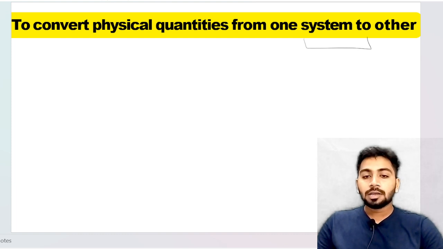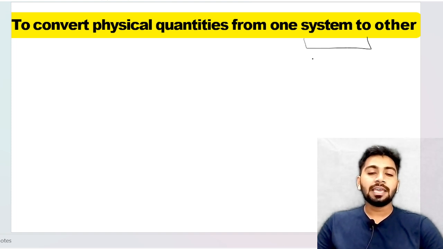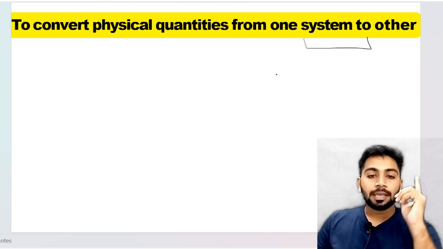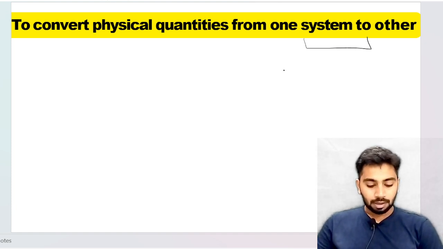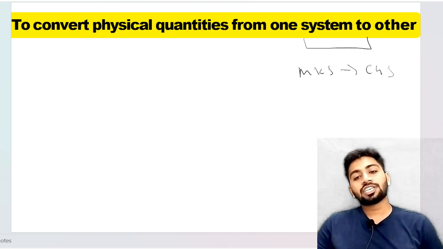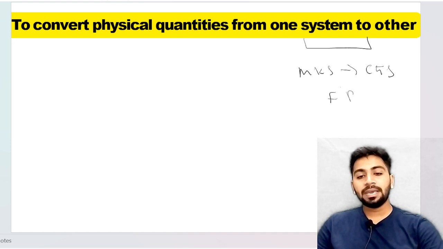System means what? There are three systems. Yesterday we discussed three systems: centimeter, meter, MKS system. Remember? Now we need to convert between two systems, like from MKS to CGS system or FPS system.